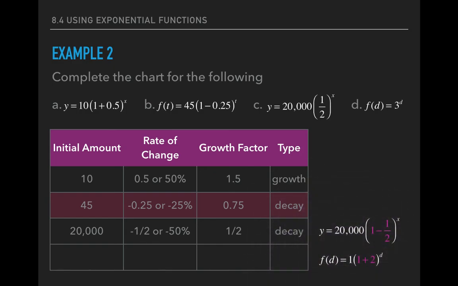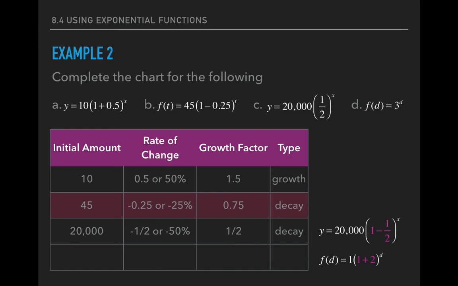Looking at problem D, it's not really in the form that we need to be able to identify all of this information, but we can manipulate it. It is 3 being raised to the exponent there, but 3 is the same thing as writing 1 plus 2. Now it's in a format that is more beneficial to us.